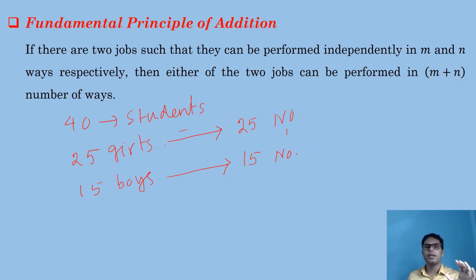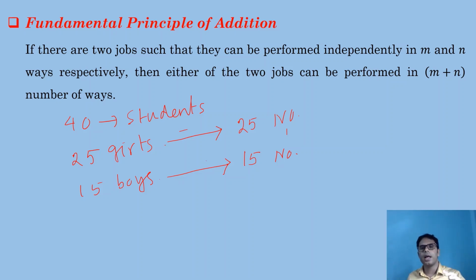The question was, I asked you to give one student. I am not indicating that you have to give a girl student or a boy student. I just ask, I need one student from your group. So obviously you will give either a boy or a girl.